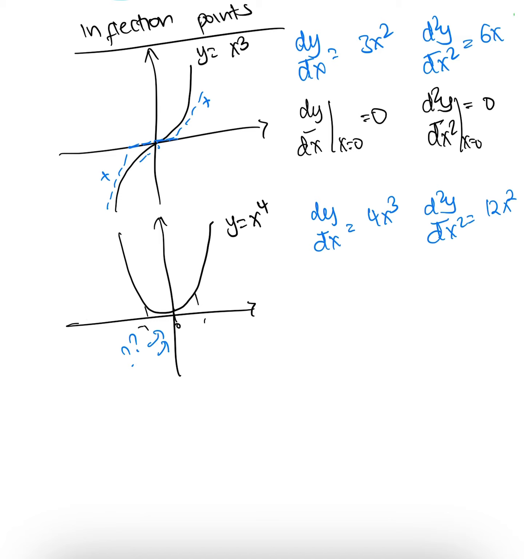Here you will find that the gradient on one side is negative because it is dropping, and the gradient on the other side will be positive. So that will tell you if it's a minimum or a maximum or neither of those, right?